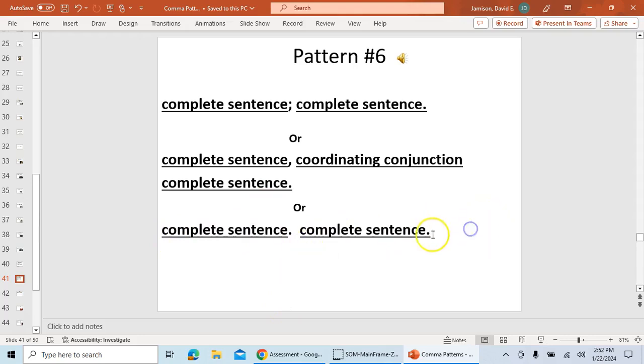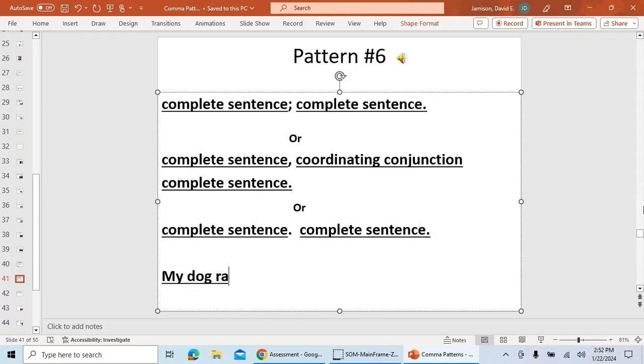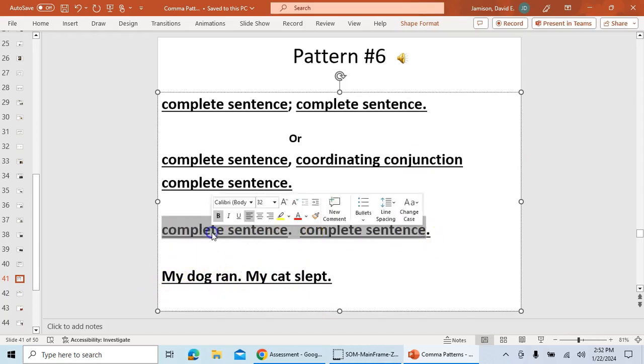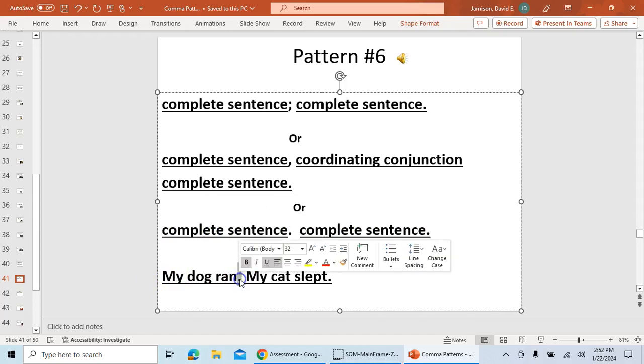So if we had this example sentence again, the same one I showed before, we could leave it punctuated like this, and it would be this sort of pattern. We could put it together with a semicolon and make it a single sentence with a semicolon.